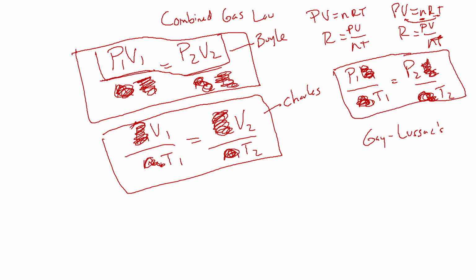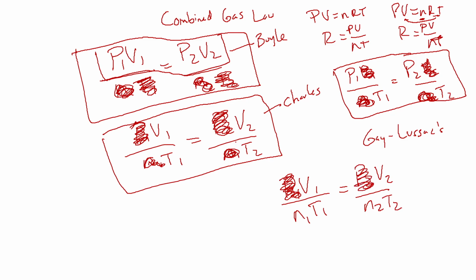There you go. Now, you got this one here, P1, V1, N1, and T1 equals P2, V2, N2, and T2. And you read and they say nothing about pressure, nothing about temperature, they're held constant, so no pressures. All right, get rid of those.